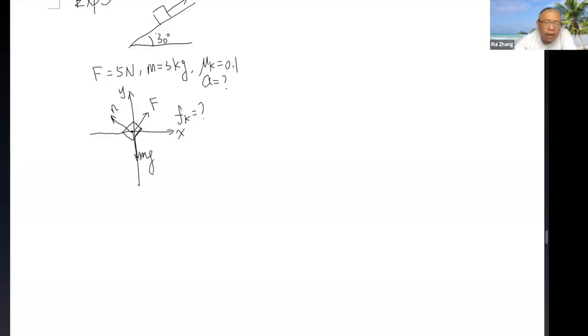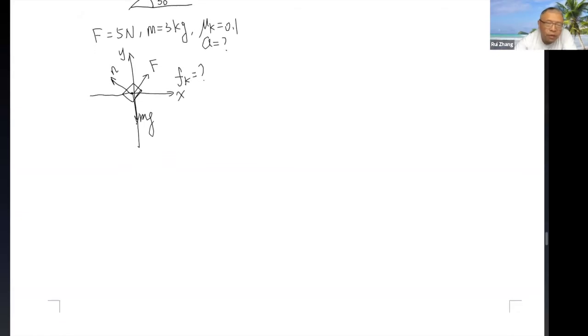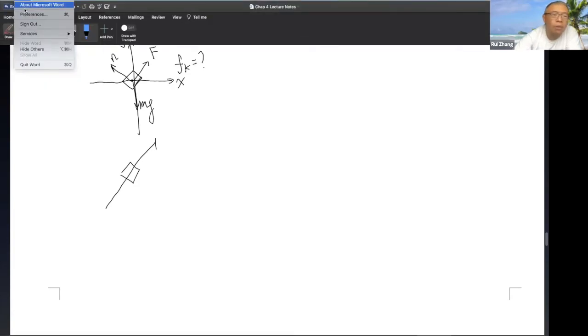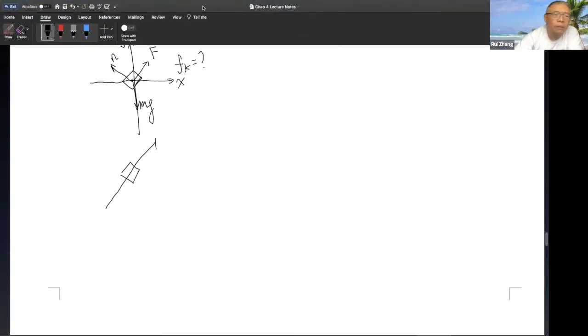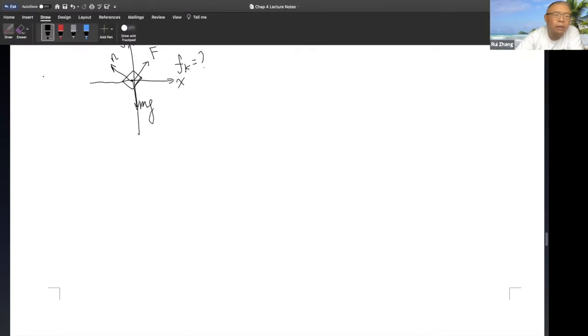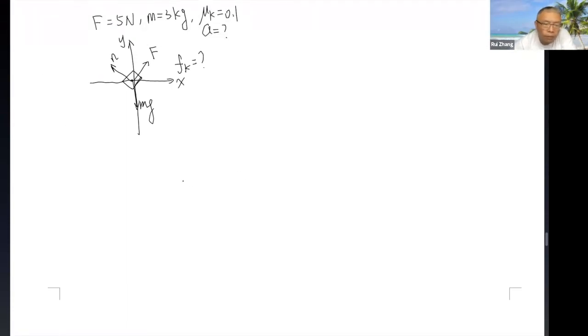It turns out that when this thing is on the ramp, in a lot of cases it's better to set up a coordinate system a little bit differently. So we could set up the coordinate system like this. What I'm drawing here is not very good, so let me erase it and go back. What I'm trying to say is this.